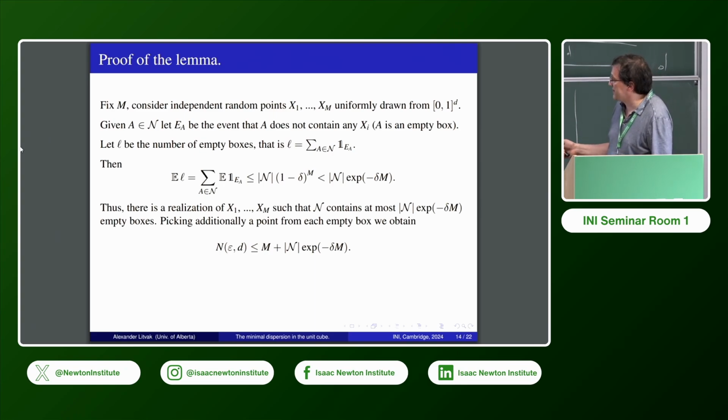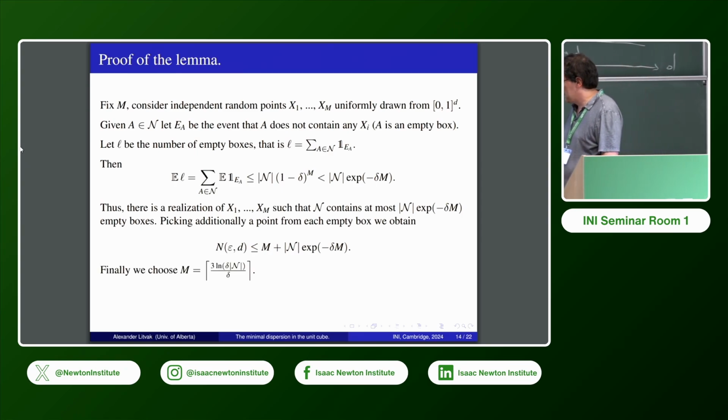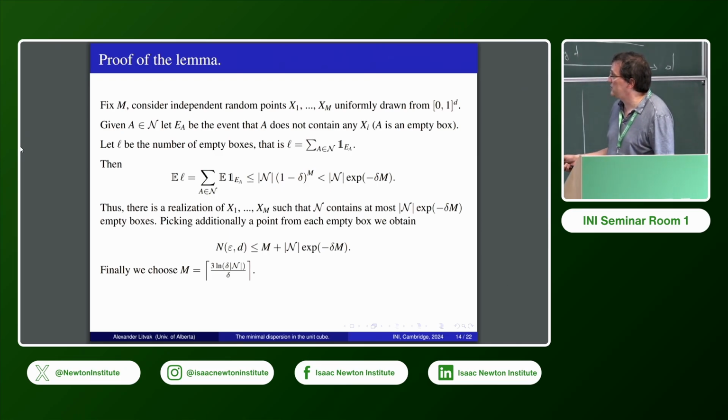And then I just choose one point from each such rectangle, so my bound is here. And then I optimize with m. So this gives a slight improvement, which is essentially this delta, which is important.